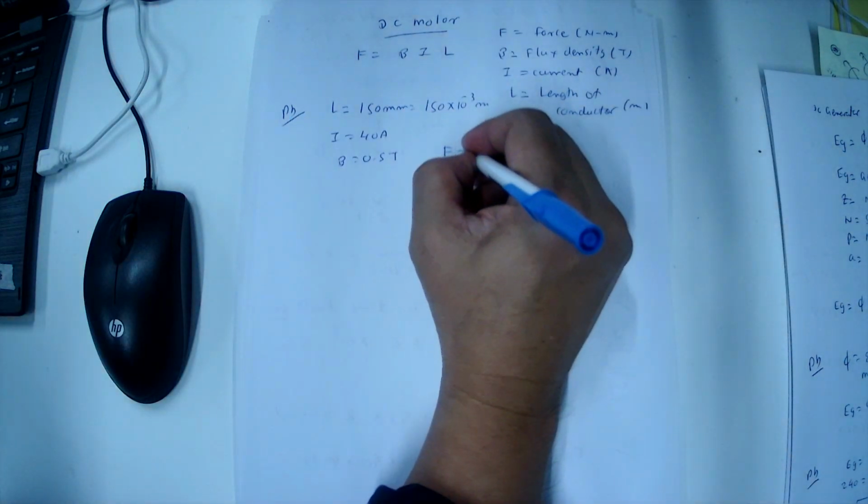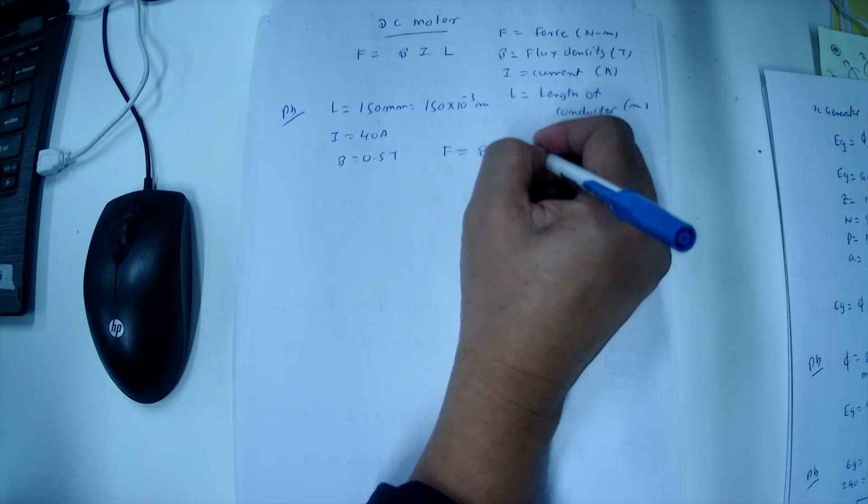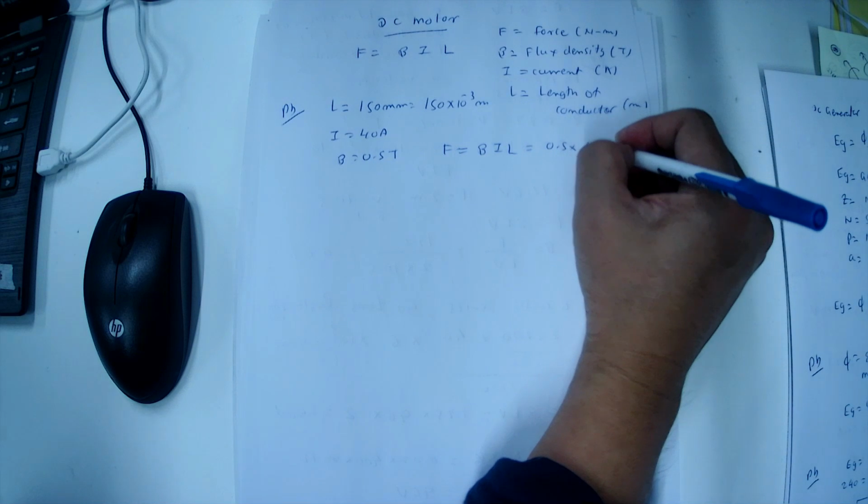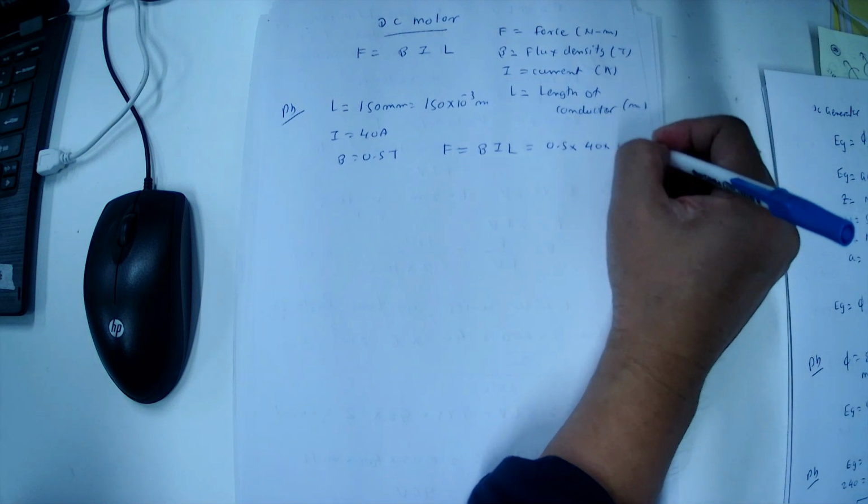So we can calculate the force. Force equals BIL. B is 0.5 Tesla, current is 40, and L is 150 multiplied by 10 power minus 3.